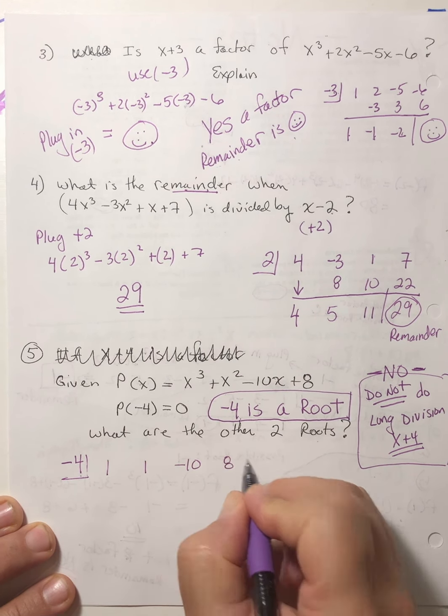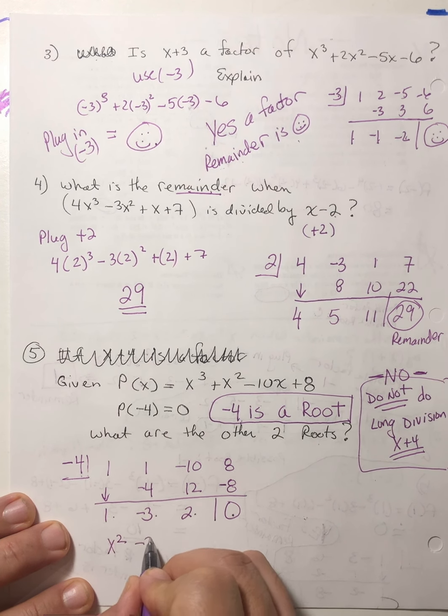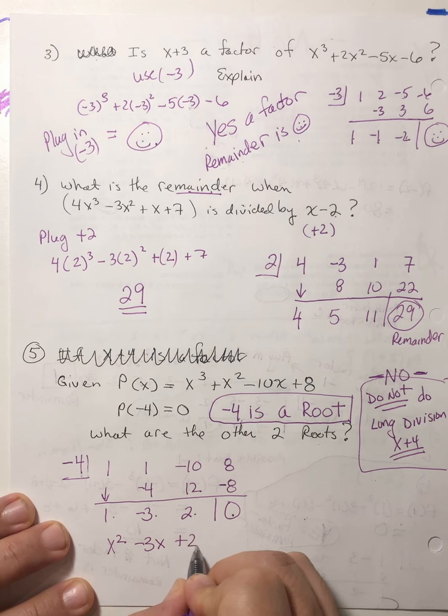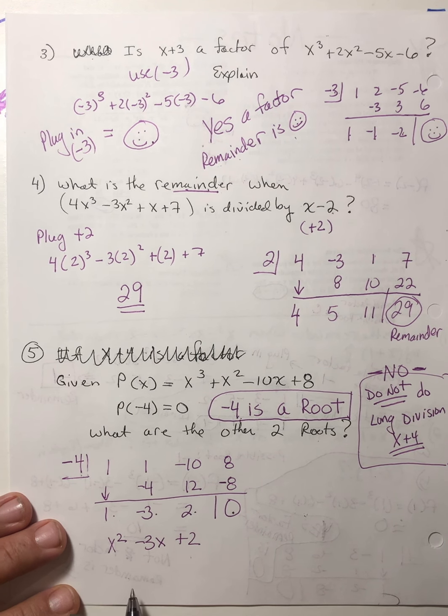We already know it was a 0. We have to find the other two roots. Now, what degree is this? That's right, this is a second degree. That's x to the 0, x to the 1, x to the 2. So we're looking at x squared minus 3x plus 2. Now, all I have to do is factor this and solve it, and we're done.